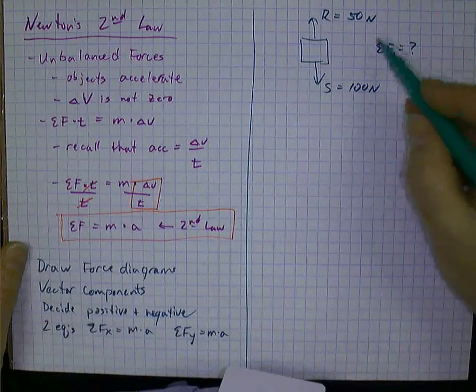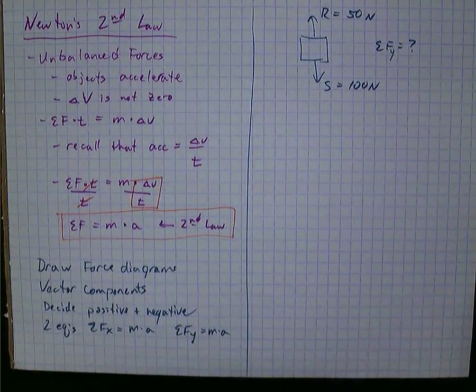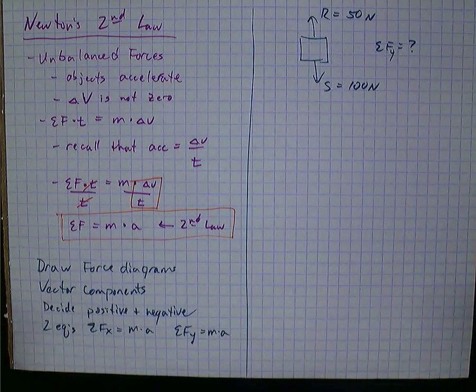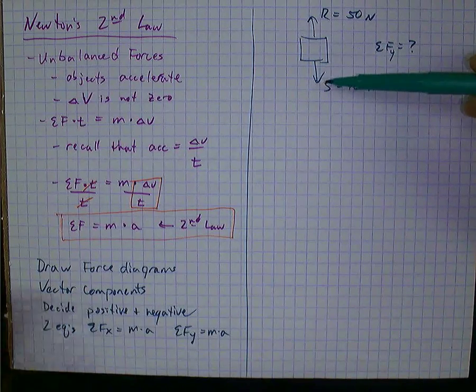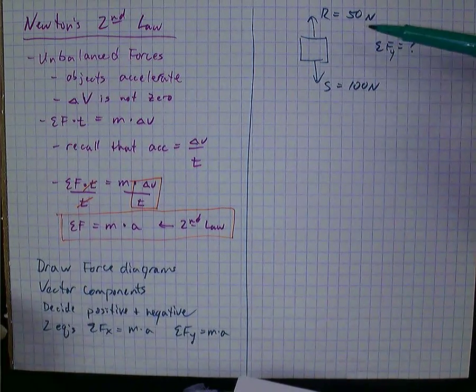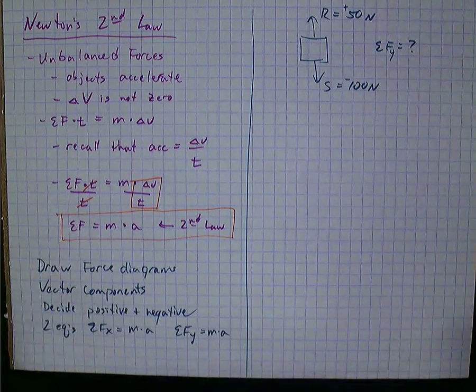But we can remember that this idea of net force means to take all the forces and add them up, to combine them. Looking at these two forces, one is up and one is down. Direction matters. So I would label this one as positive 50 and this one as negative 100.